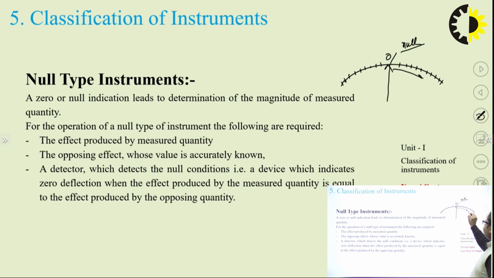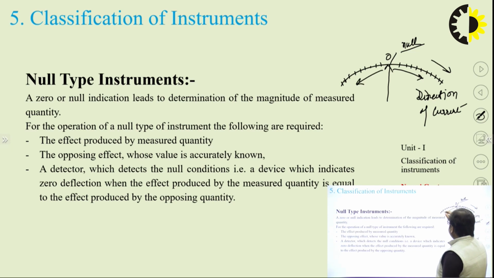If the needle moves in one direction, the direction of current could be considered right in a circuit, and if it moves in the other direction, the direction of current would be left. So, it also tells the direction of the current and also provides the null position. If it remains on 0, that means no current is flowing through the circuit. So, this 0 or null condition leads to determination of the magnitude of the measured quantity.